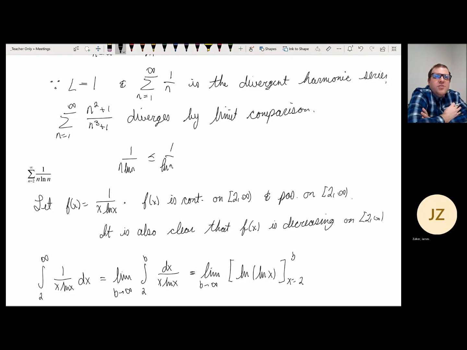That won't tell you anything either. 1 over log n happens to diverge. You'd have to try and find a smaller series that diverges. That is not so easy to do. This is a case where you have to use integral test.